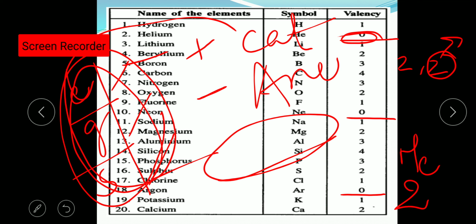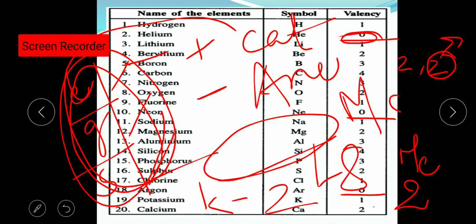In the earlier classes also I have discussed that electrons are arranged in shells and subshells, and this arrangement of electrons is known as electronic configuration. In the first shell, that is the K shell, 2 electrons can be kept. In the L shell 8 electrons can be kept. In the M shell also 8 electrons can be kept.